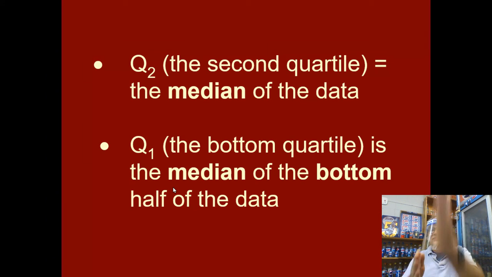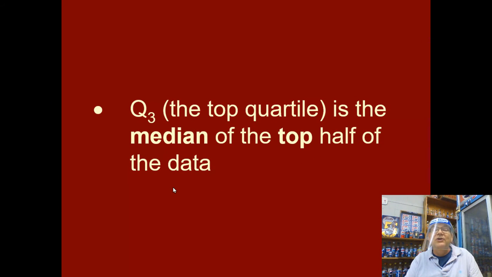It's like I just limit myself to the first half of it and I find where's the middle of that. Because if you think about it for a second, halfway between the start and the halfway point must be a fourth of the way. And that is exactly what we're doing there. And similarly, Q3 is just the median of the top half.